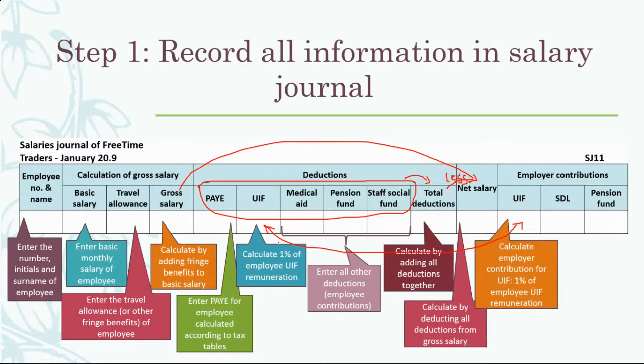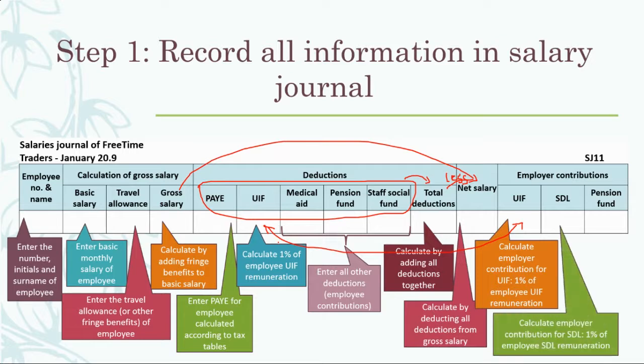Then the SDL is 1% of the SDL remuneration. They will give you the SDL remuneration. Remember, it's normally a few hundred Rand. It will never be thousands. Remember that when you do that. And then this pension fund contribution is whatever the employer contributes on behalf of the employee.